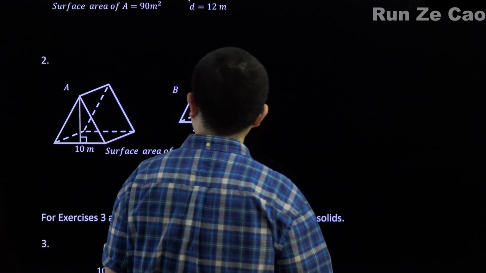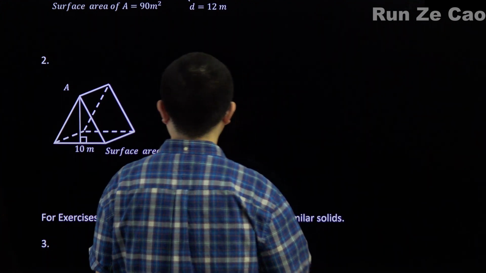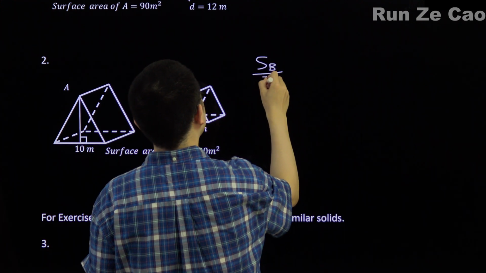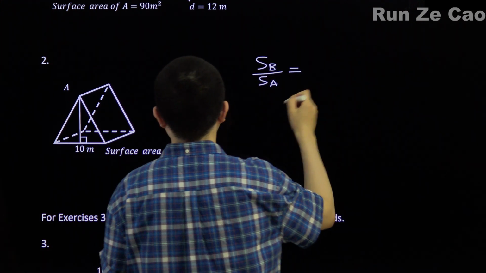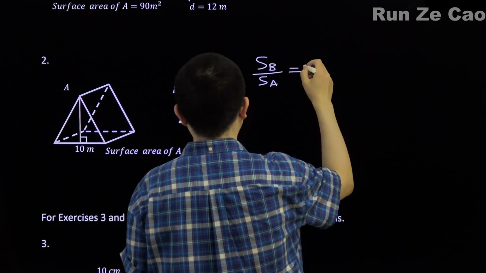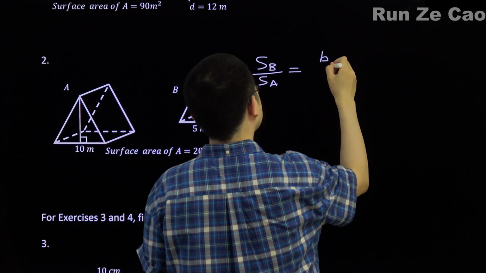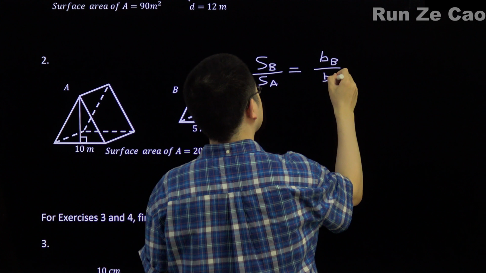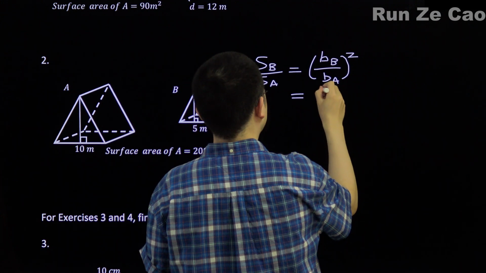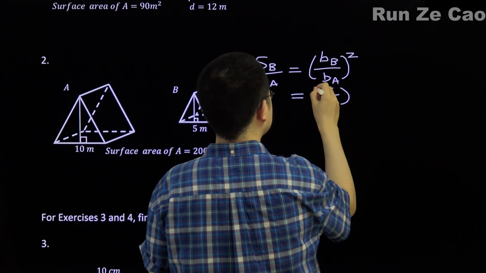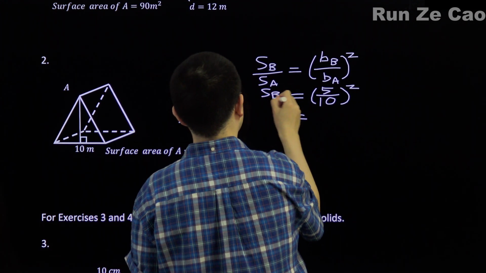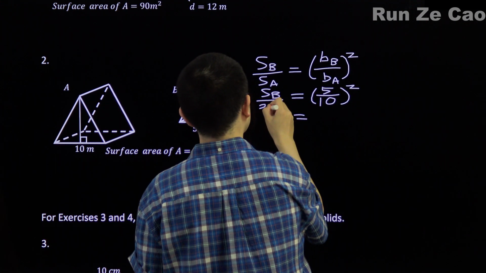Now here we gotta find the surface area of B. Surface area of B over surface area of A is equal to, well, here we only have one linear dimension, so let's call that the base. Base of B over base of A squared. So that's 5 over 10 squared, which is equal to SB over SA is 200.